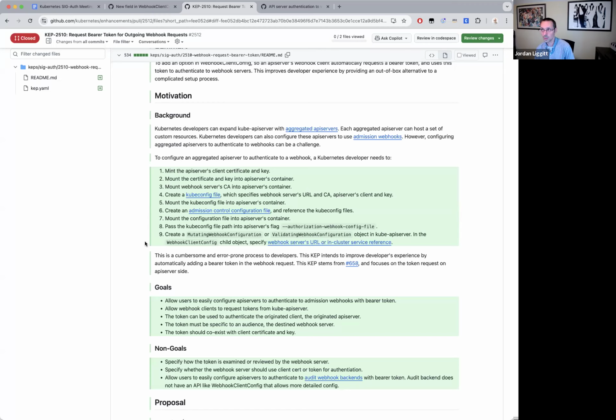Yeah. So a webhook server that only expects to intercept admission requests for APIs served by Kube API server has it easy, I guess. An admission webhook that is generic and maybe is doing label policy, and so it's configured so that every namespaced resource gets sent to it. Well, now if there are aggregated servers in the cluster, those are going to call out to it as well.